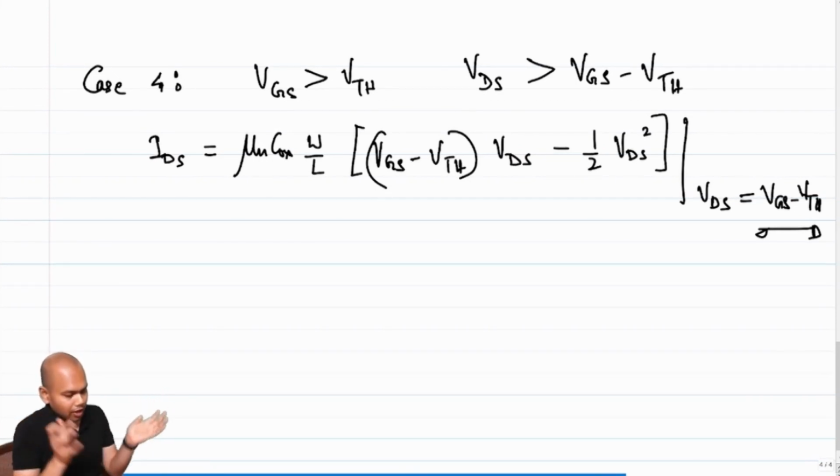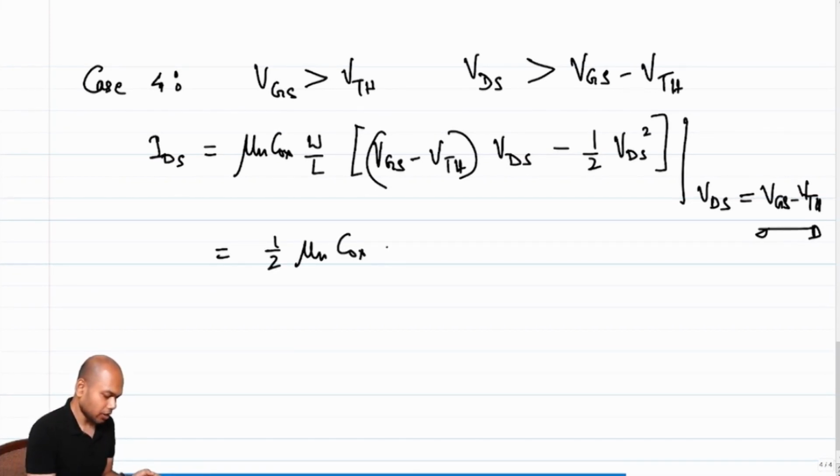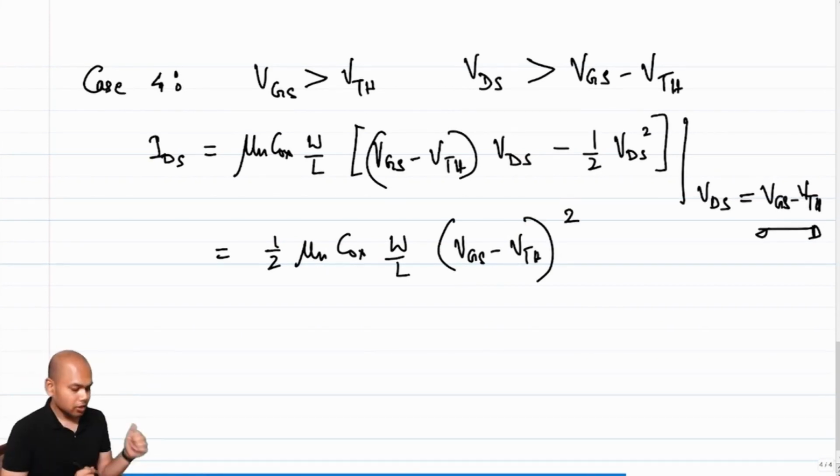Now what I am telling you is that there is a limit till which this current is going to increase, and the limit is when the value of VDS reaches VGS minus threshold voltage, right? If you replace VDS with VGS minus VTH, you will get half mu n Cox W over L times VGS minus threshold voltage squared, right? So this is when we call the current has gotten saturated.